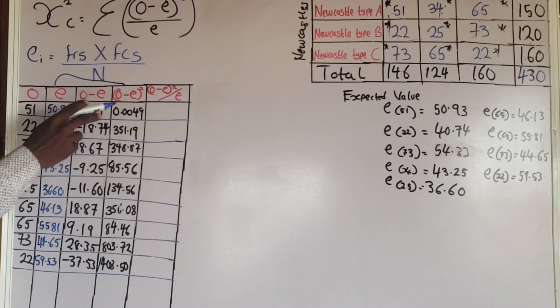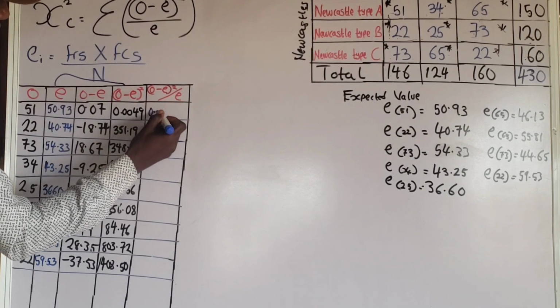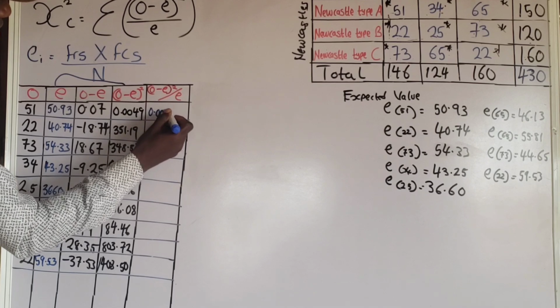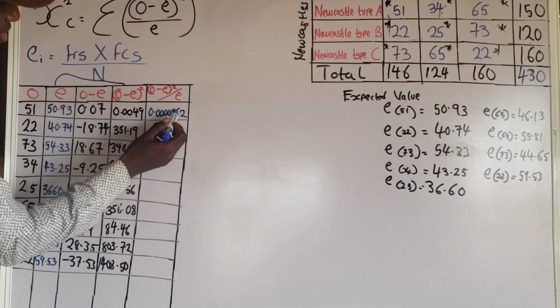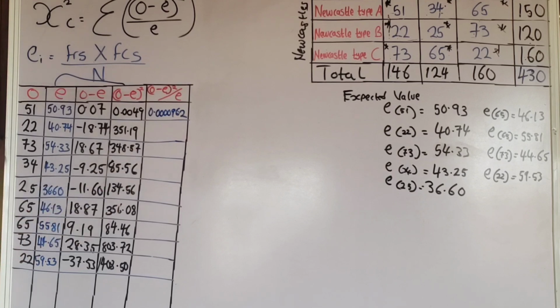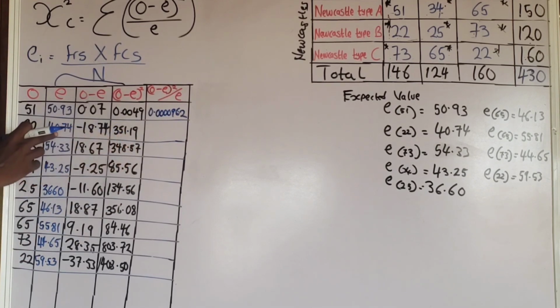So 0.0049 divided by 50.93, that is 0.000962. For this I'm going to have 351.19 divided by 40.74.